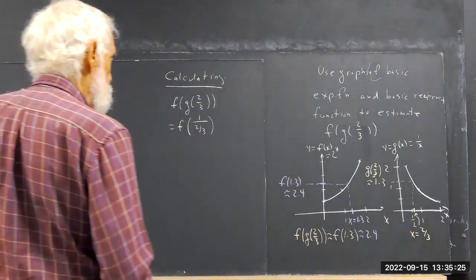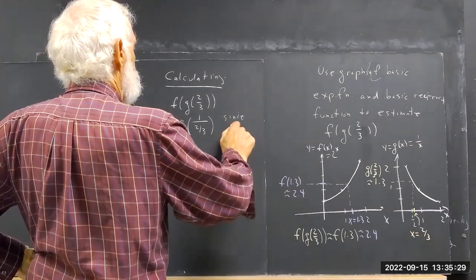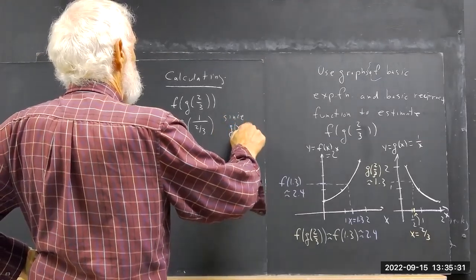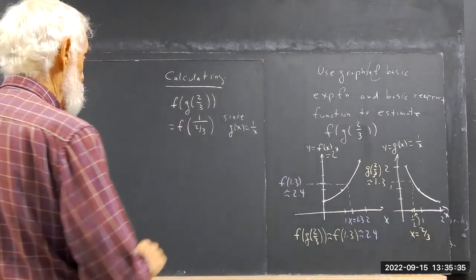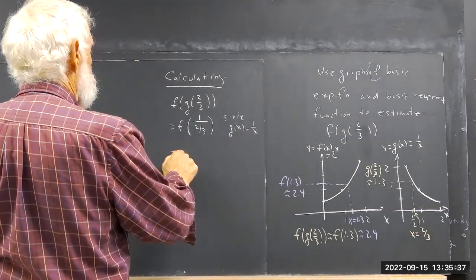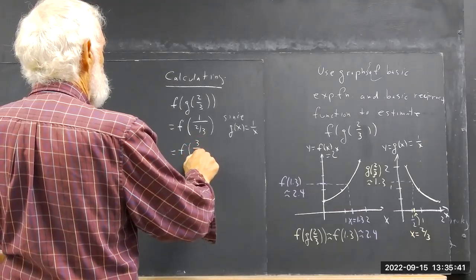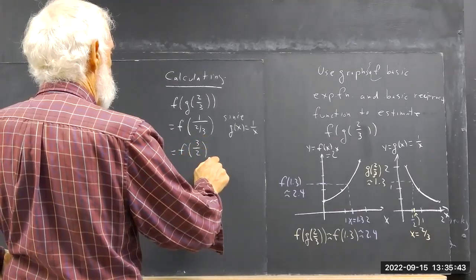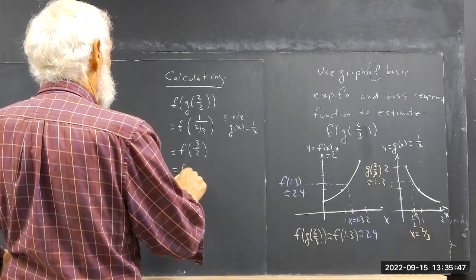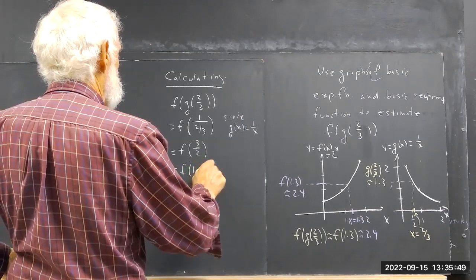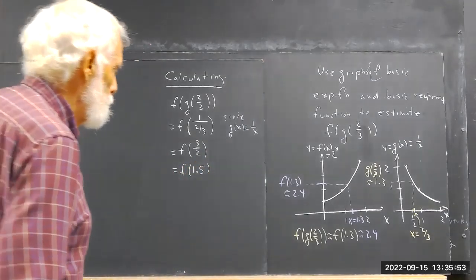We get 1 over 2/3, which of course we simplify to 3/2. So this is f of 3/2, and then we're going to write this as a decimal because of what's coming.